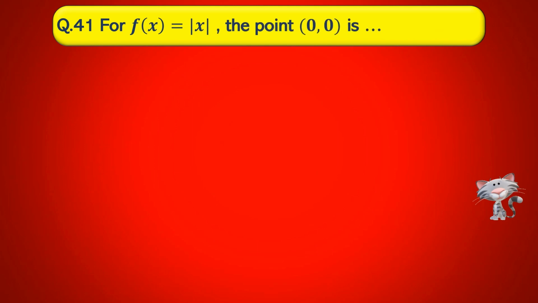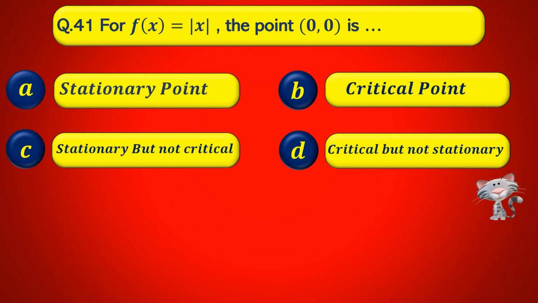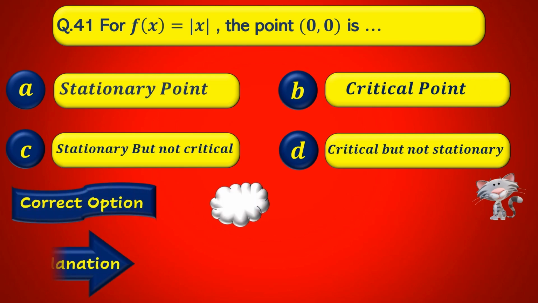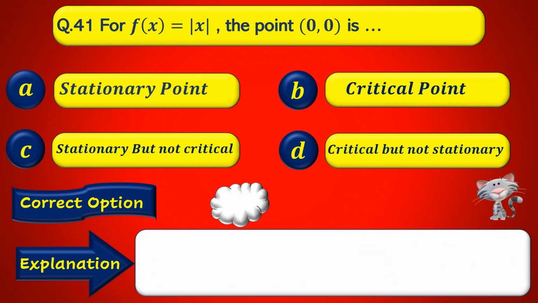Question number 41. For the function f of x is equal to mod x, the point (0, 0) is, and the options are, let's check out which one is the correct option. We know that a stationary point is the one at which the derivative of a function is 0, and at a critical point the derivative may be 0 or the derivative doesn't exist. Let's check out the differentiability of this function at (0, 0). We know that by definition f dash a is equal to this.